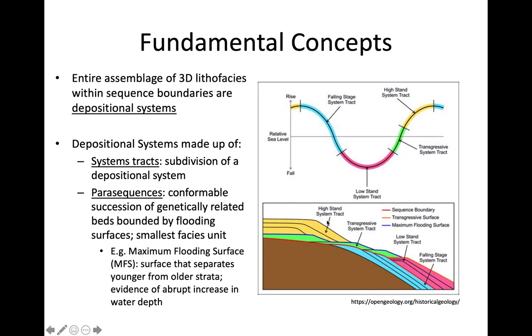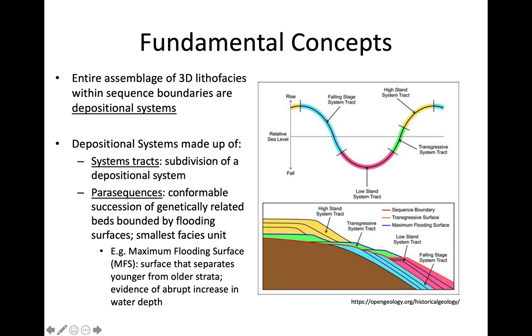But here we have our systems tracts: the highstand systems tract, the HST, the transgressive systems tract, the TST, the lowstand systems tract, the LST, and the falling stage systems tract, the FSST. I know, it's a lot of abbreviations, but better than saying them out loud all the time. All right, so we have our maximum flooding surface when there is the highest point of transgression.